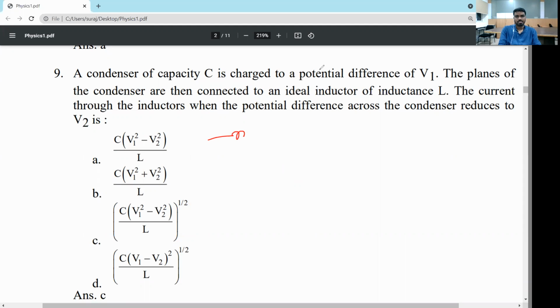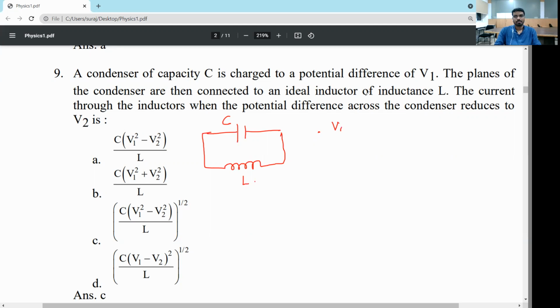So it's a concept of LC oscillations. There is a condenser C and there is an inductor, let's say this is L. Clear? Now, initial potential is given as V1.